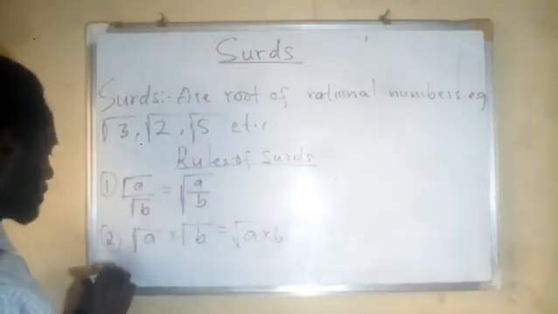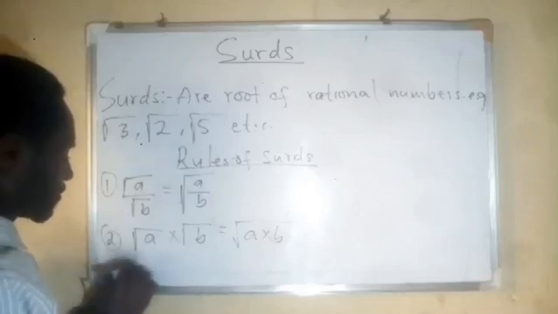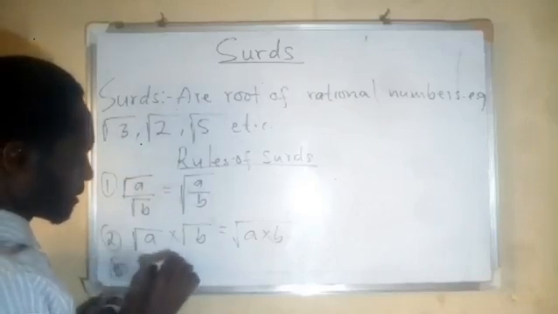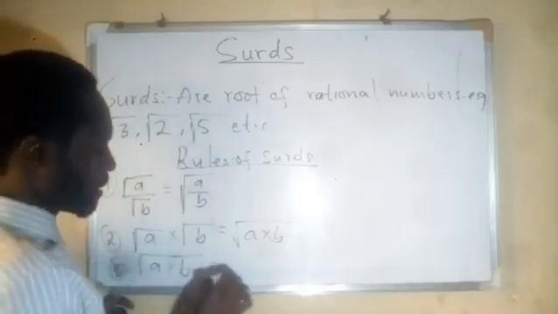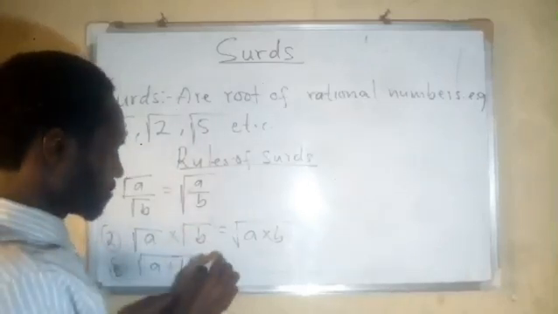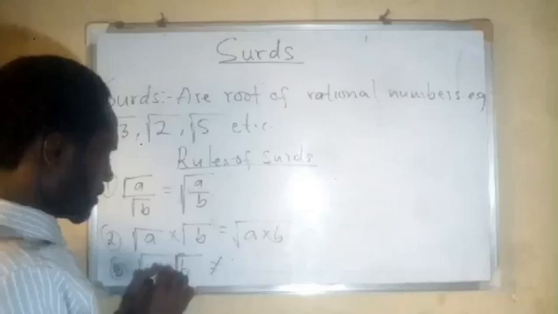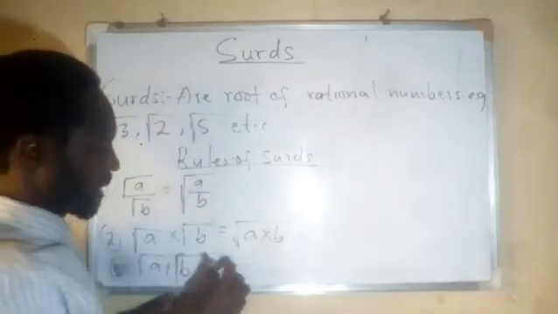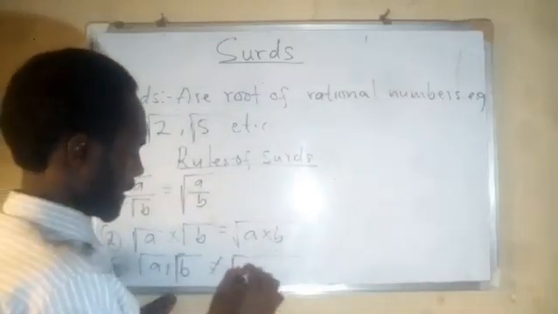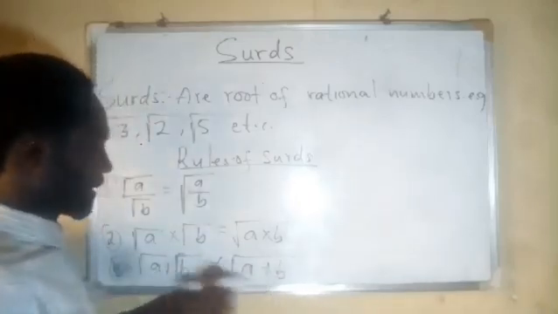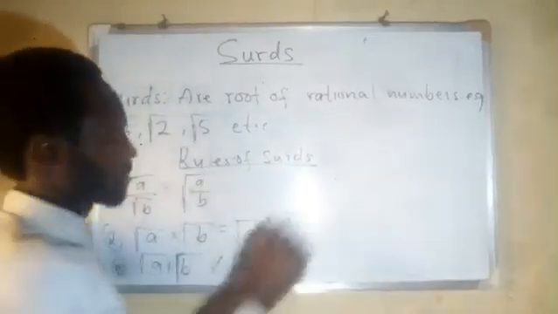The next one is number 3. We have root a plus root b. It's not the same as putting everything in one root, root of a plus b. This one and this one are not the same, so you take note of this.